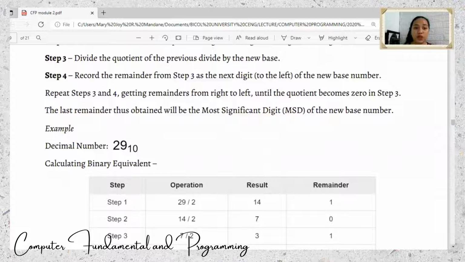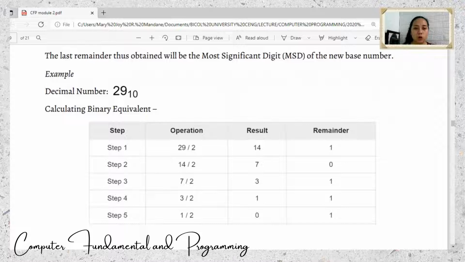So the decimal number, for example, 29 in base 10. Step 1: 29 over 2 is 14 and the remainder is 1. Okay? Step 2: 14 na tayo, divided by 2, then it becomes 7, and the remainder is 0.